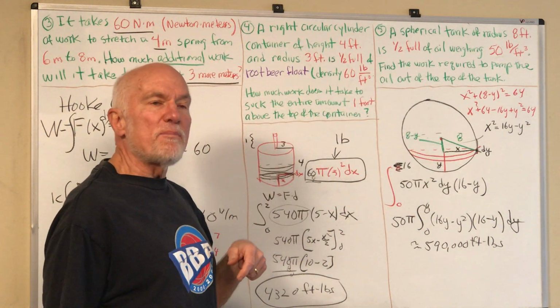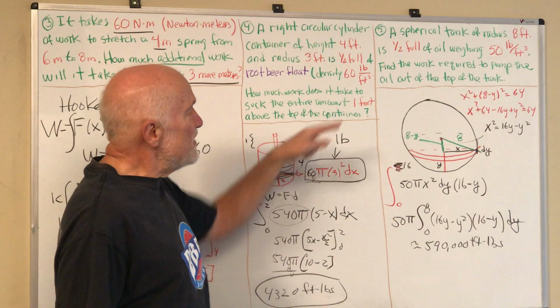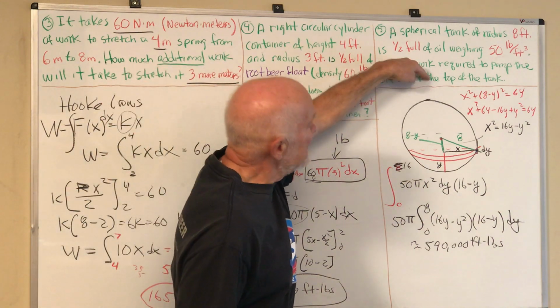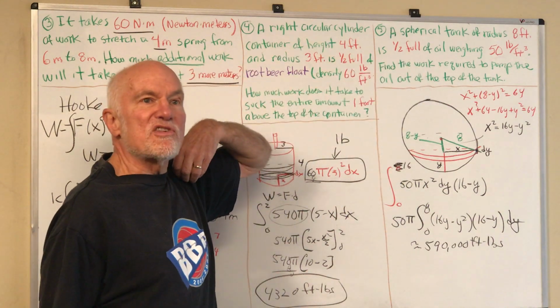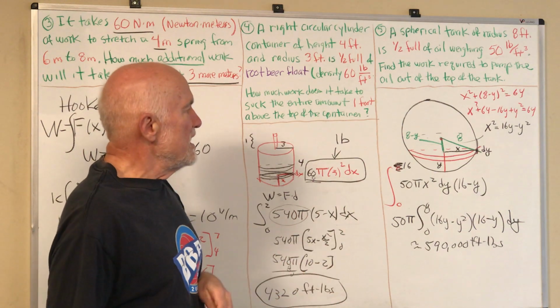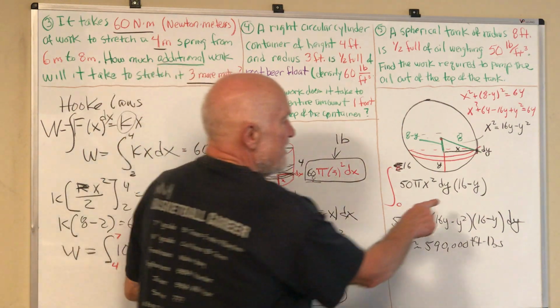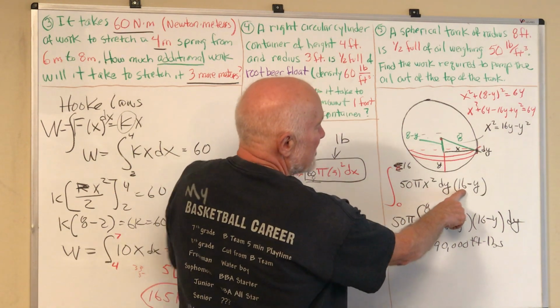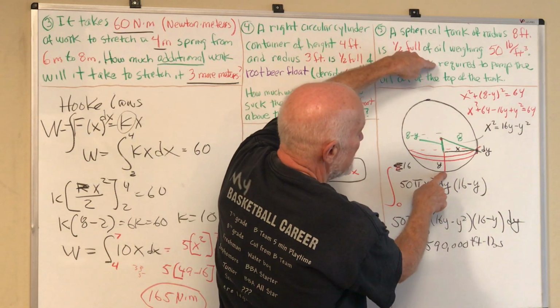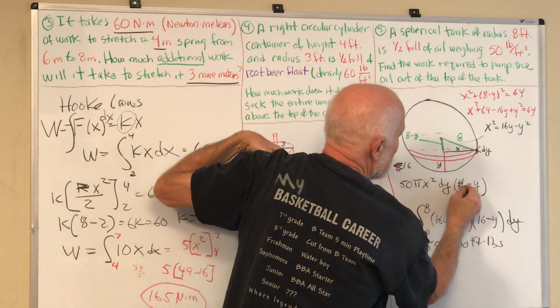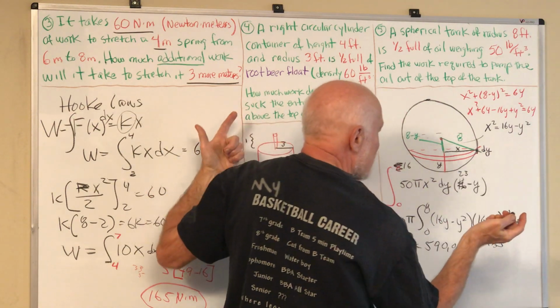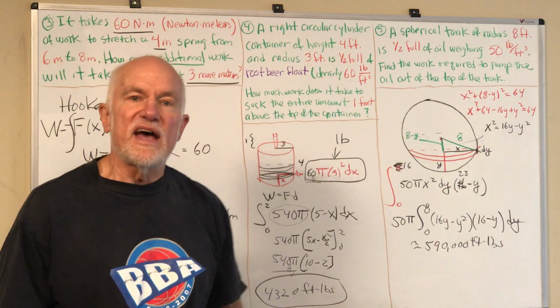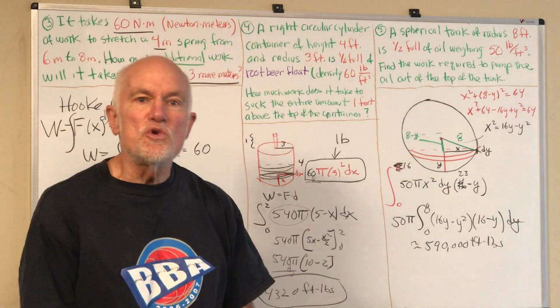And what if you had to pump it 7 feet above the top of the tank to get it to some place where you could deliver it to? That would just mean what? Instead of 16 minus y, you'd have to add 7 to that 16 because it would be a farther distance that you had to pump it. So you just make that 23 minus y, and that would take care of that. So it's not like you'd have to redo the whole problem.